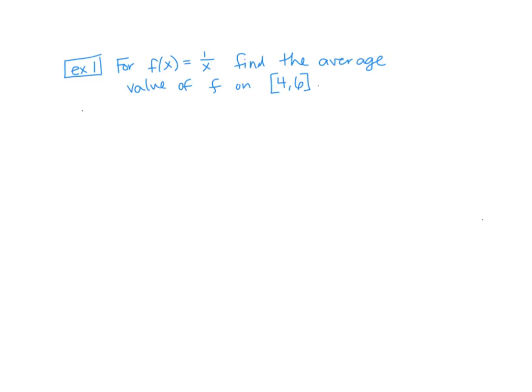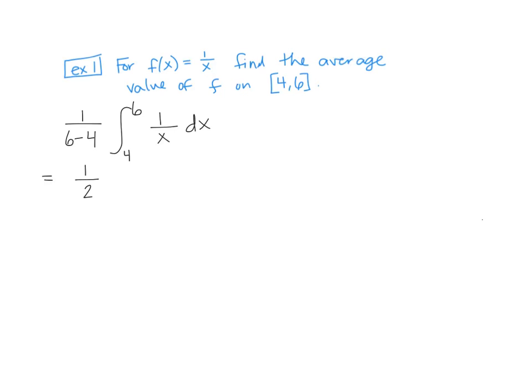By definition, that average value is 1 over b minus a times the definite integral from a to b of our function. So this gives us 1/2.